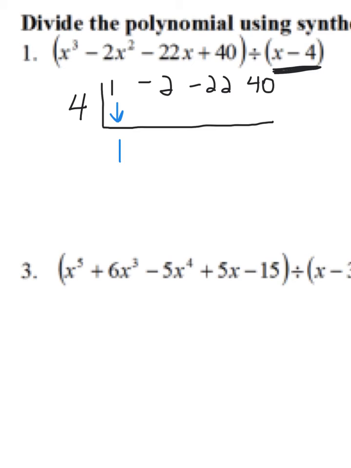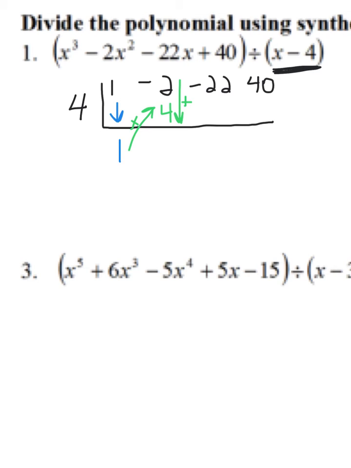All right, so the first thing we're going to do is multiply 4 times 1. And we're going to put that number right here. So this is a multiply. 4 times 1 is 4. And now going down, we're going to add.